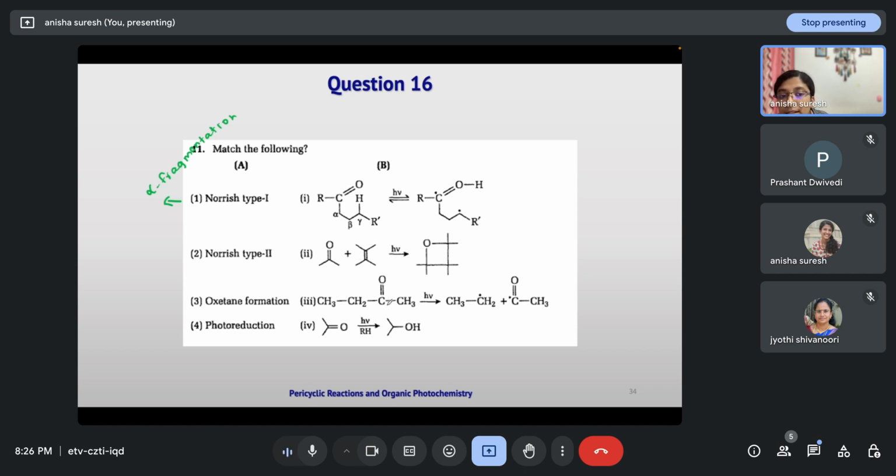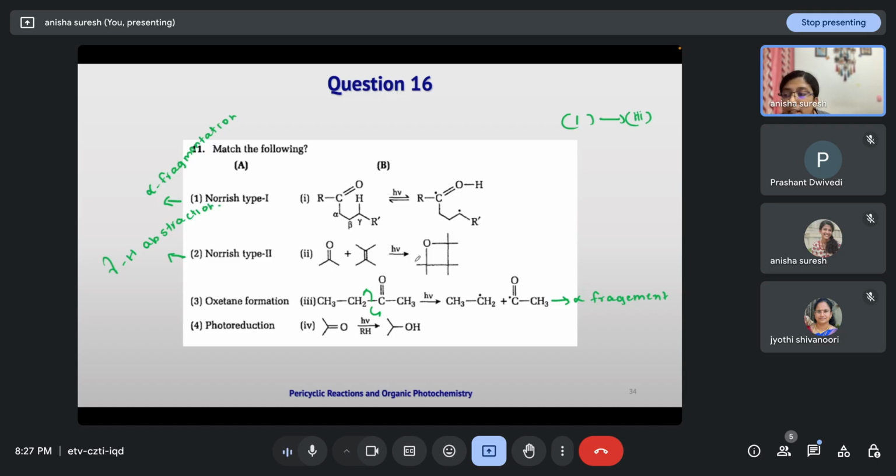So here you can see this is undergoing an alpha fragmentation, right? This is undergoing an alpha fragmentation and hence this can be matched with 1. So 1 will be matched with 3. Now Norrish type 2. In Norrish type 2, the key factor is gamma hydrogen abstraction.